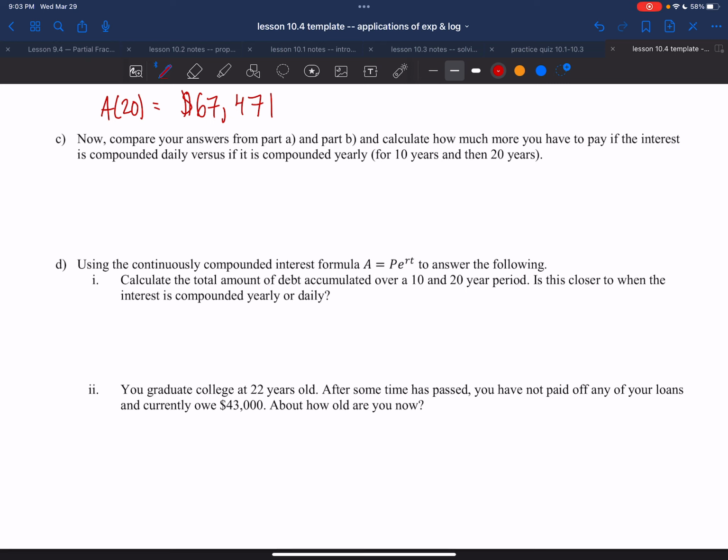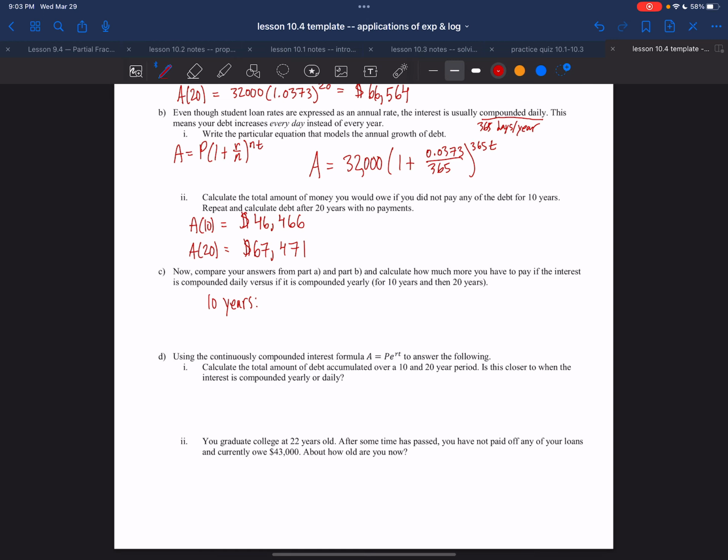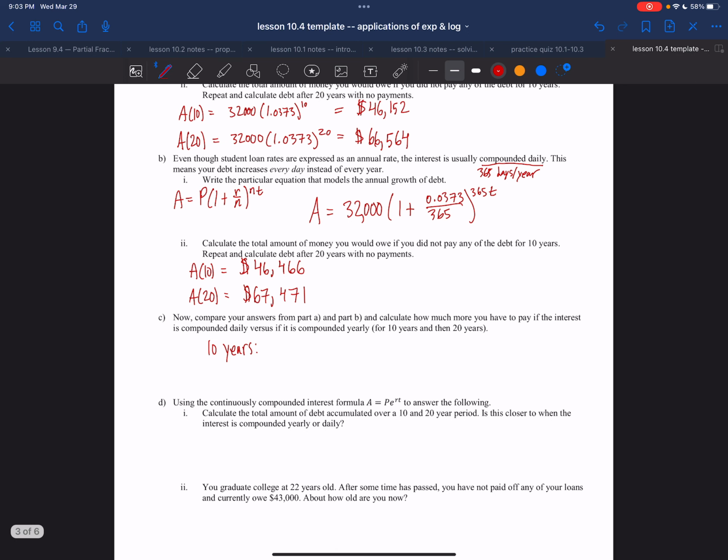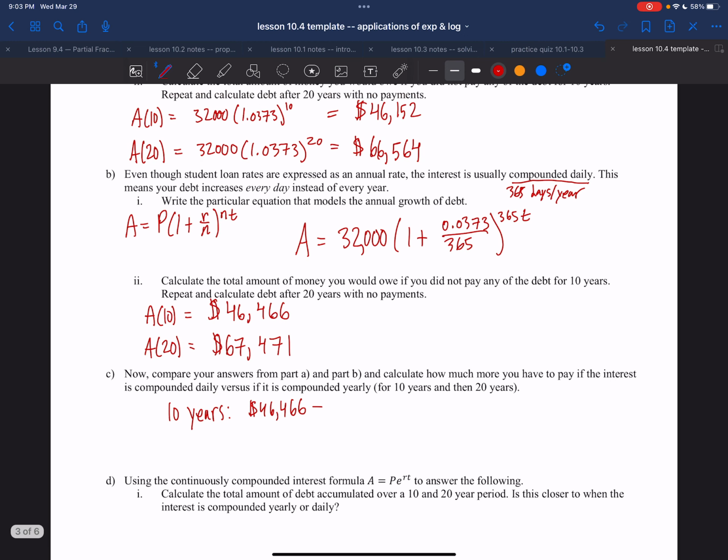Let's determine how much more you have to pay if it's compounded daily versus if it's compounded yearly. Well, if it's 10 years, all you're really doing is taking, let's see, the compound interest one is more money. So it's 46,466 minus the other one, 46,152.